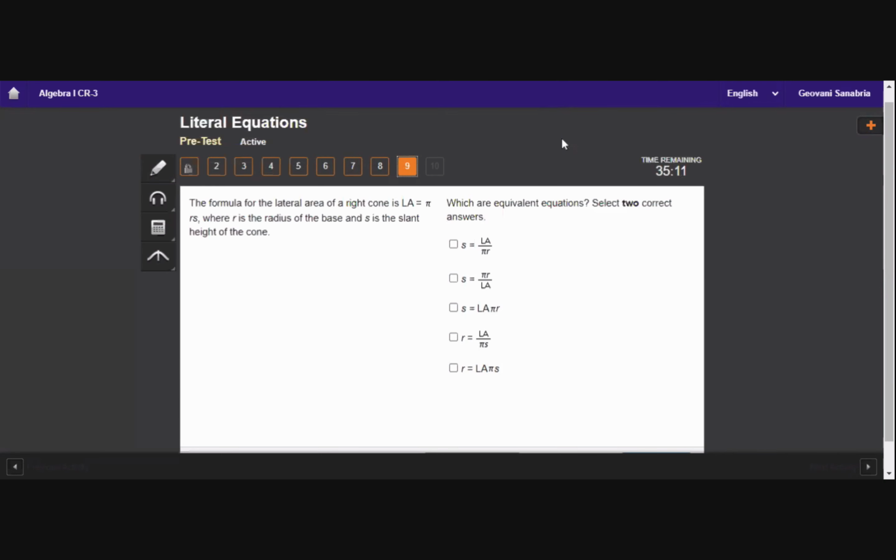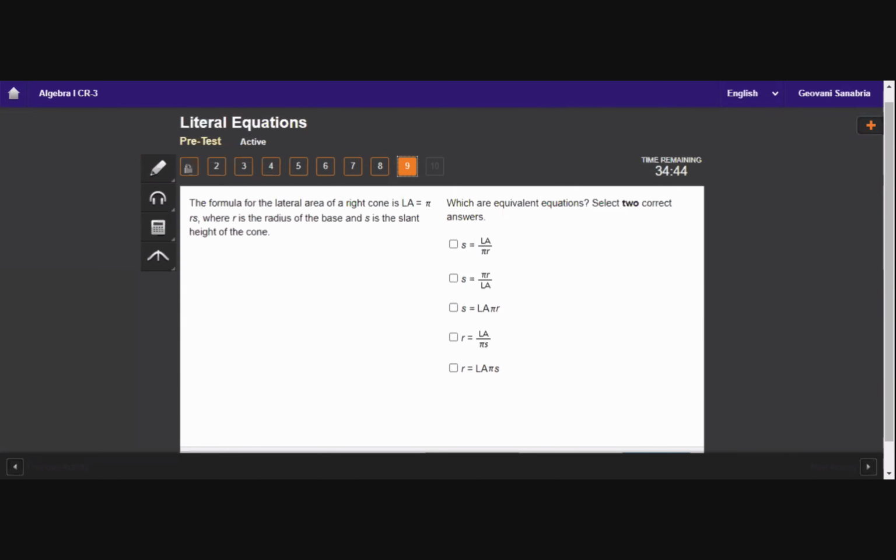LA equals pi RS. This is a tricky one. It's asking you to select two correct answers.